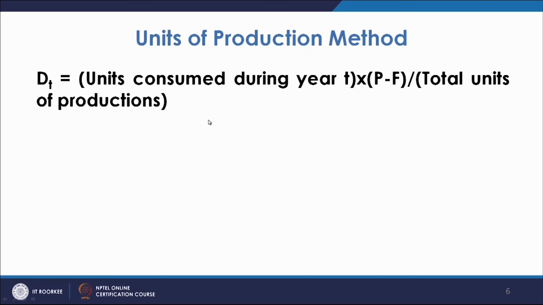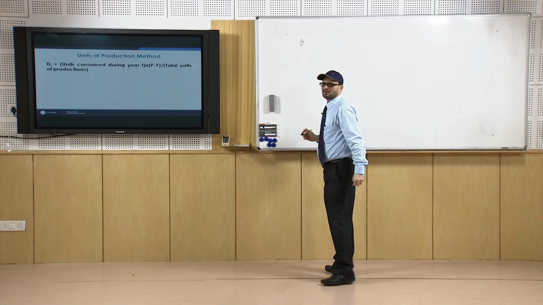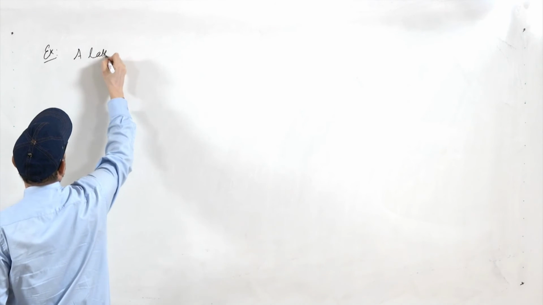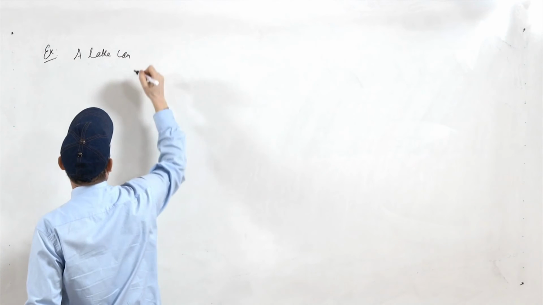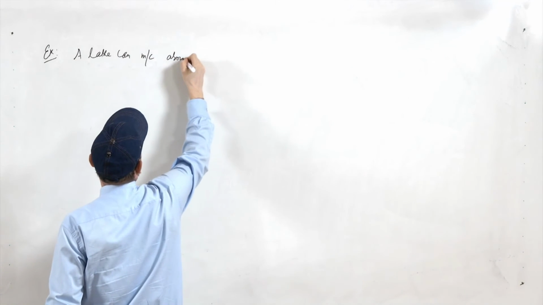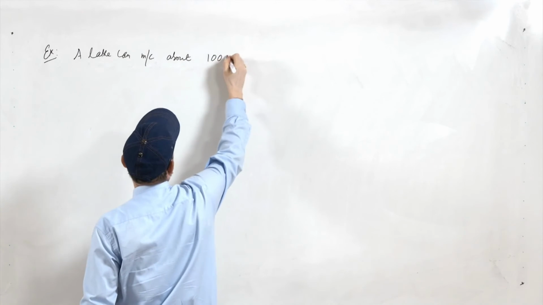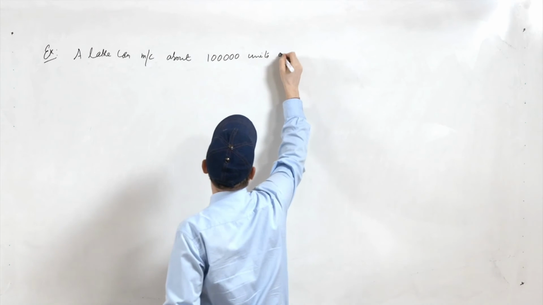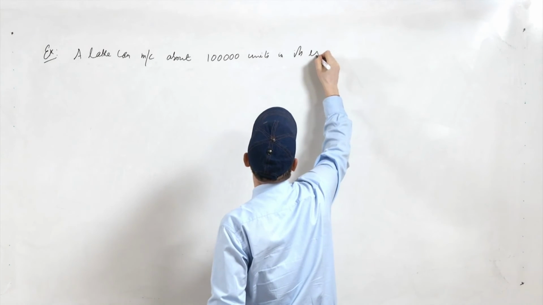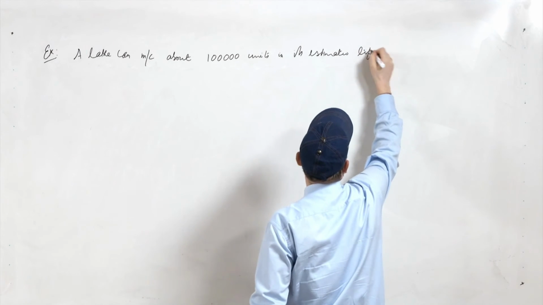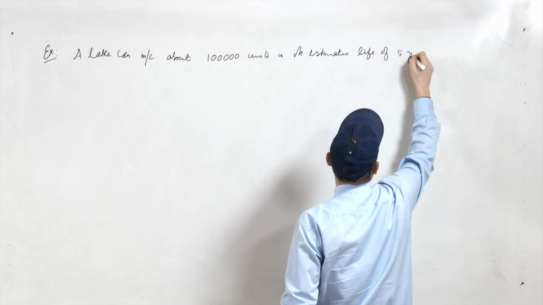Let us see an example of how to solve such cases. Suppose a lathe machine can machine about 1 lakh units in its estimated life of 5 years.